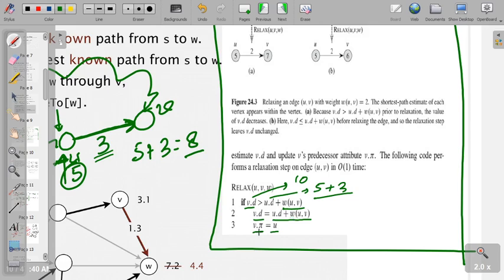So there will be a parent pointer that we can maintain. This parent pointer gives us the shortest distance, but if I have to trace that shortest path, then this parent pointer will help us.